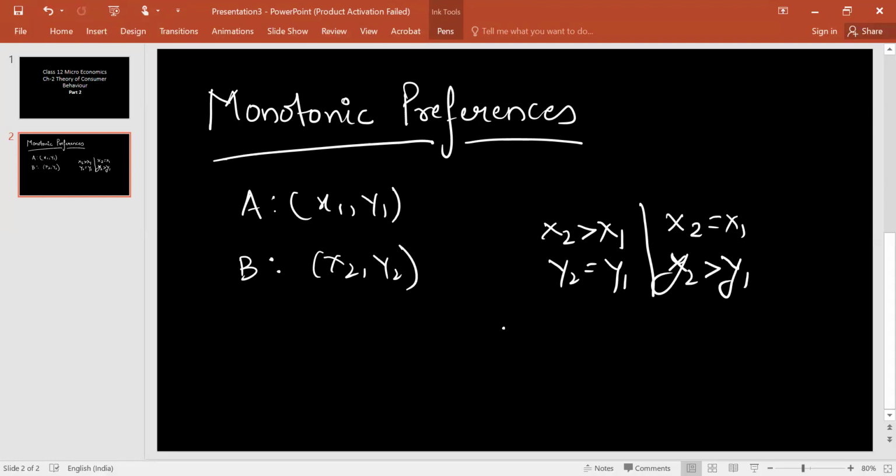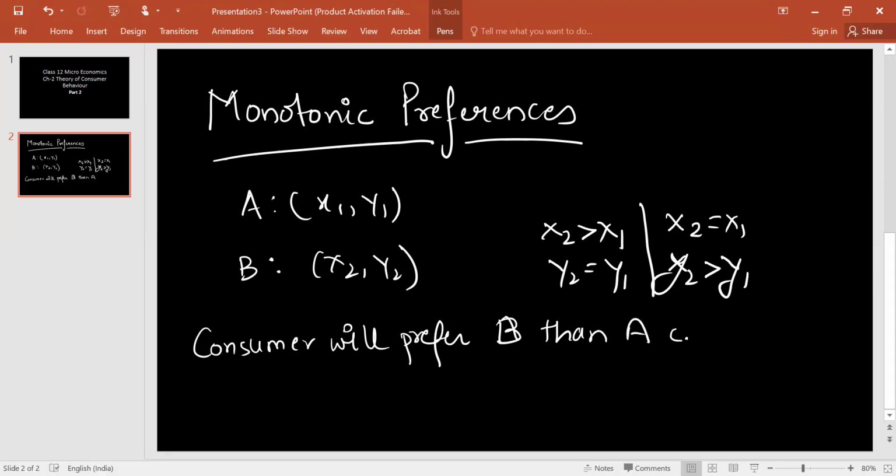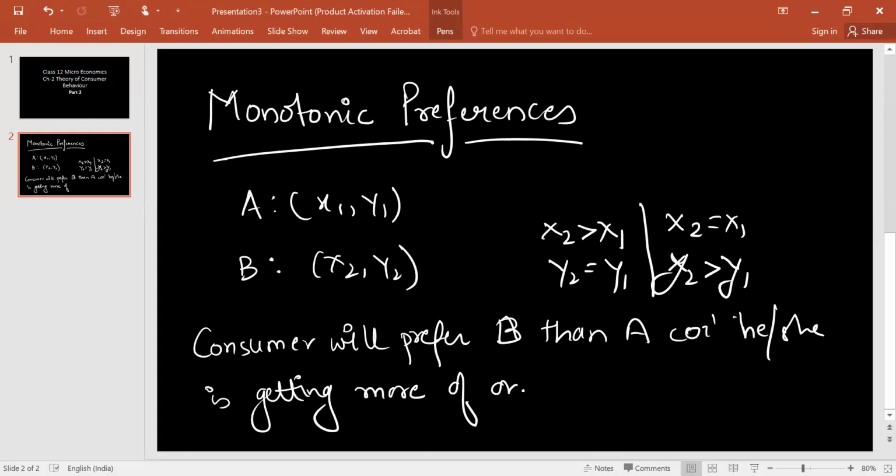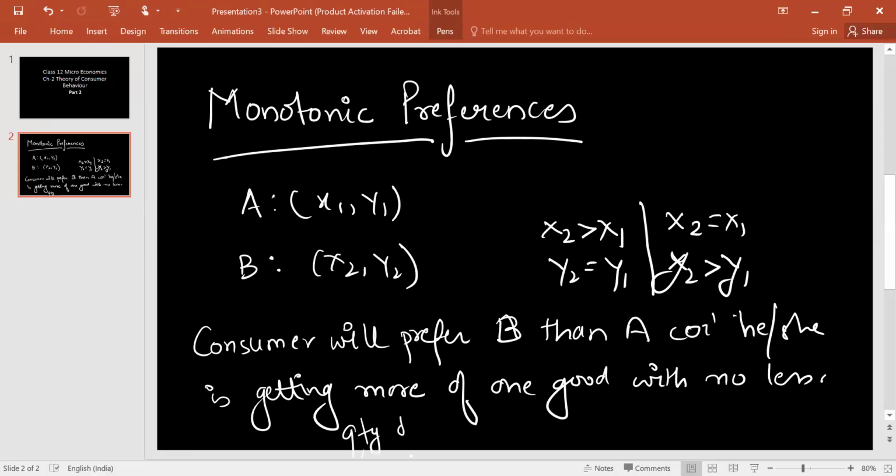In this case, the consumer will prefer consumption bundle B over A, because he or she is getting more of one good with no less quantity of the other good.